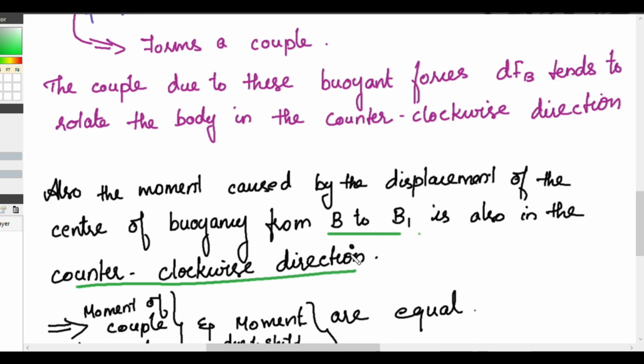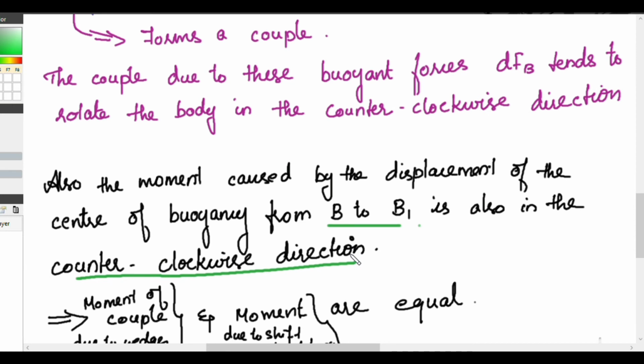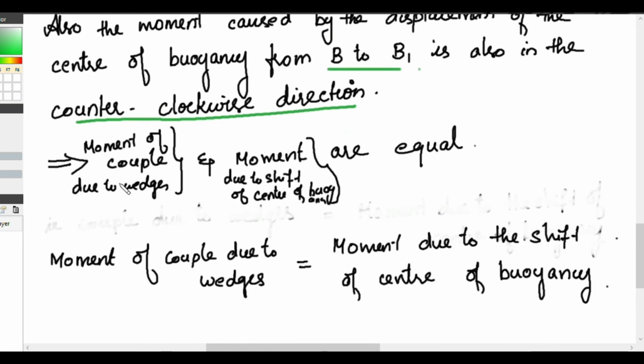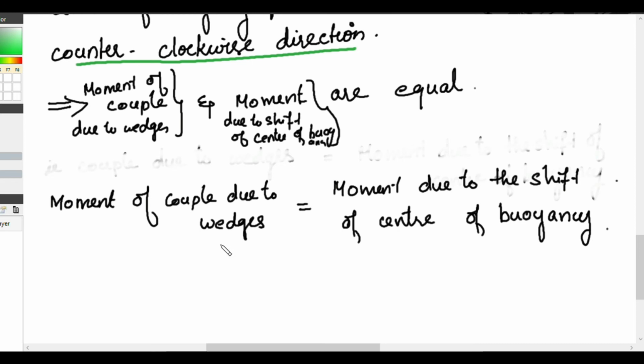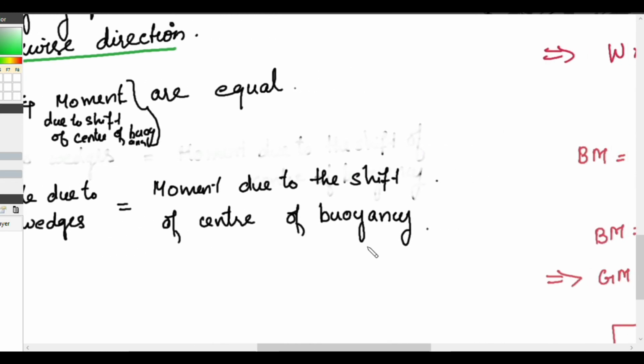So in order to bring the body to equilibrium, the forces acting will be in the opposite direction. So the moment of couple due to wedges is equal to the moment due to the shift of the center of buoyancy.